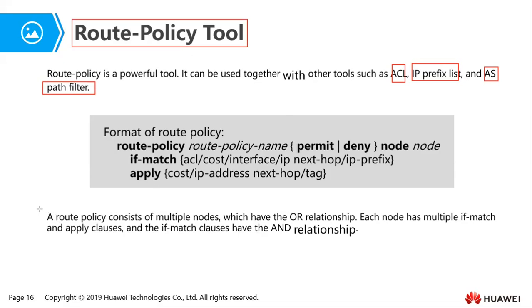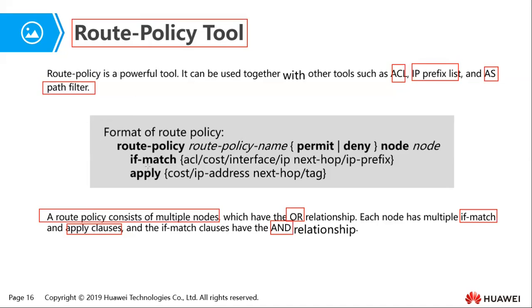Now, a route policy consists of multiple nodes which have the OR relationship. Each node has multiple if-match and apply clauses. Now, the if-match clauses have an AND relationship.